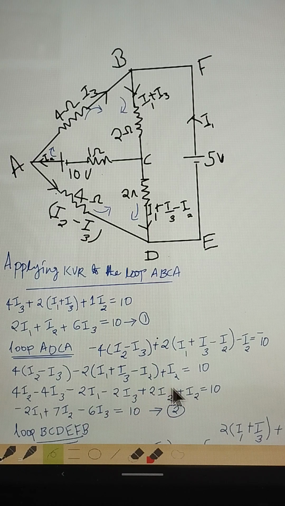Then the terms can be added and simplified. So we are getting the second equation: minus 2I1 plus 4I2 plus 2I2, 6I2 plus I2, 7I2, like that.